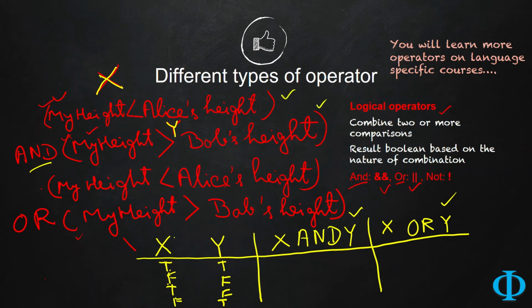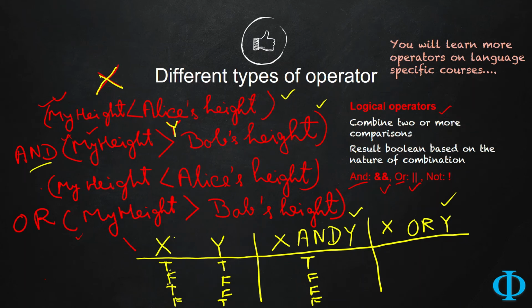Both these conditions must hold true. That's exactly what the AND operator does. So if both comparison values are true, then the result will be true. Otherwise, if either of these operands is false, everything will be false. Clear? That is the meaning of AND.